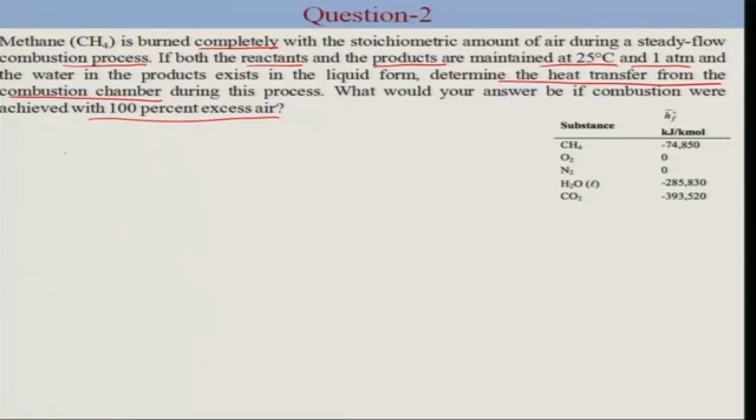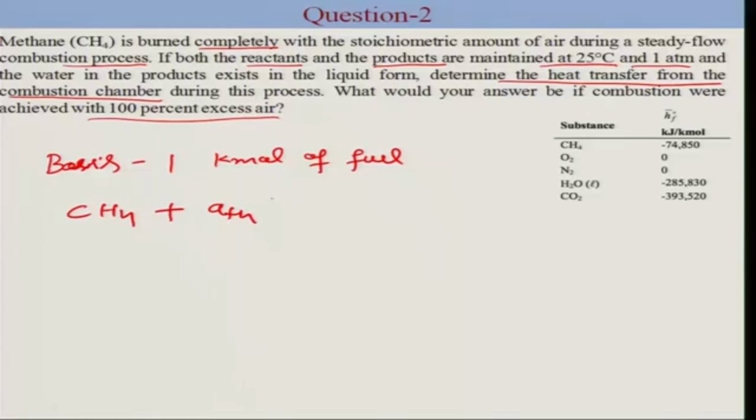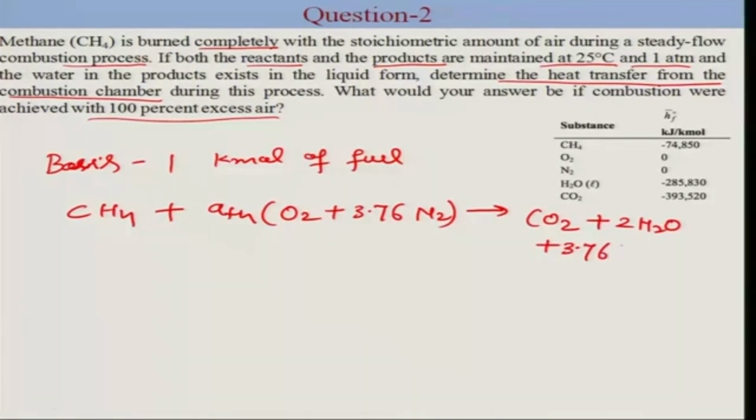Okay. So, considering one kilomole of fuel, if you write the combustion equation, then it will be like CH4 plus A theoretical air will give CO2 plus water plus 3.76 A theoretical N2.